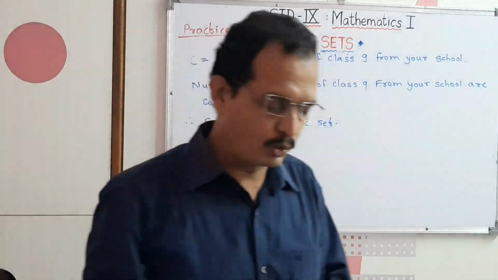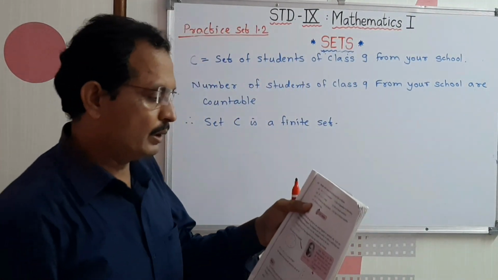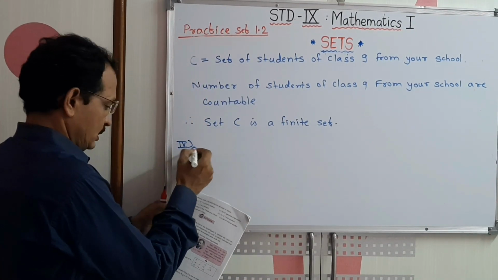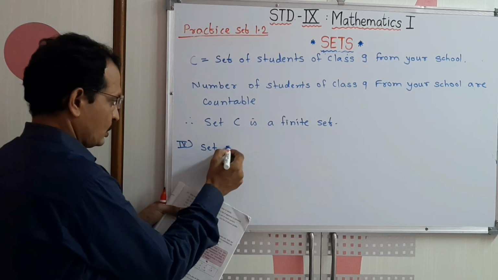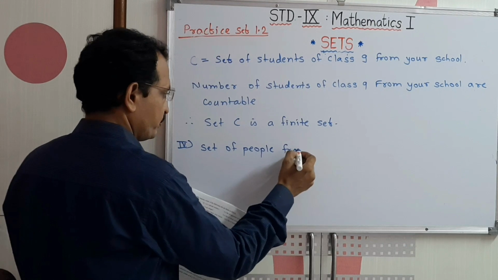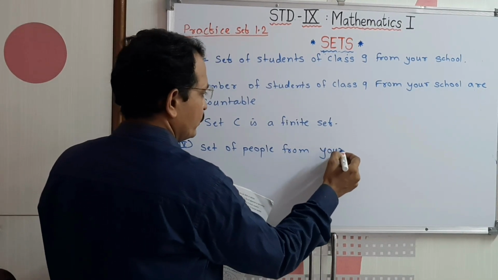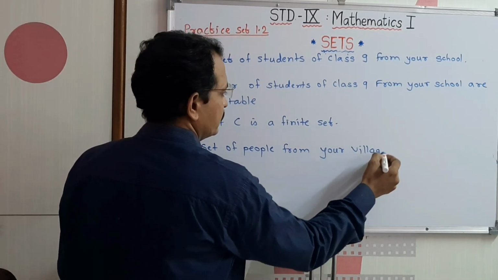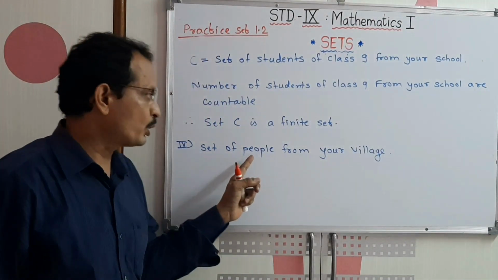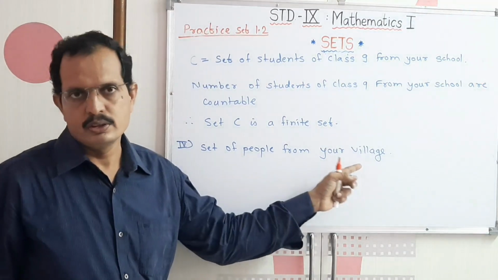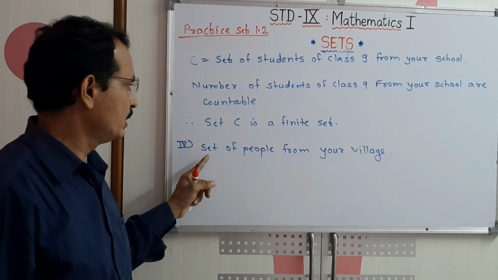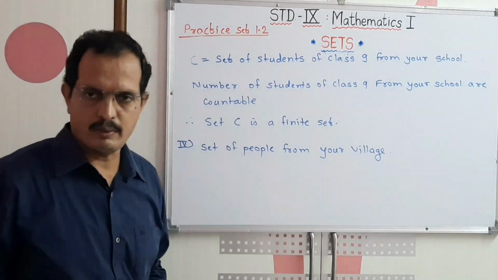Now see the fourth one. Set of people from your village. We can count the number of people from our village, therefore this set is countable and therefore the set is a finite set.